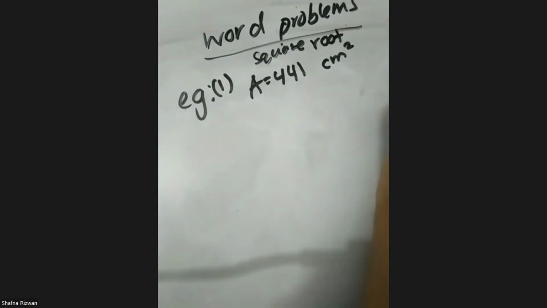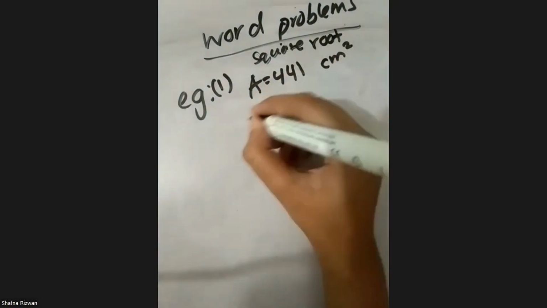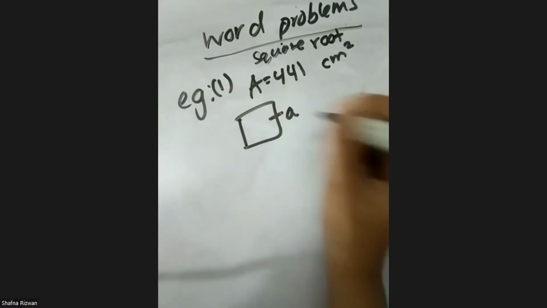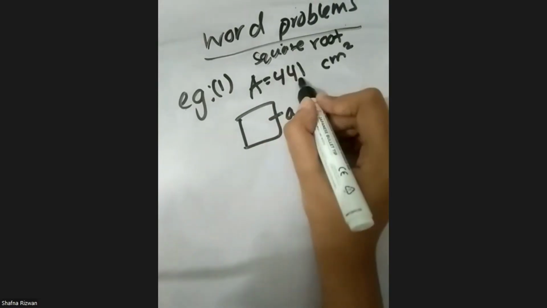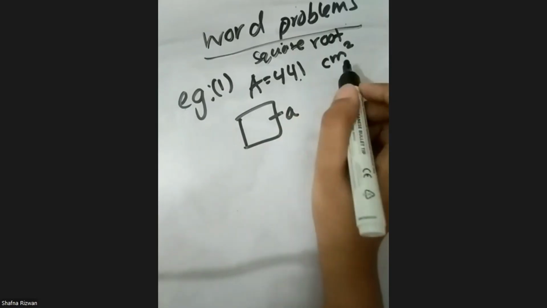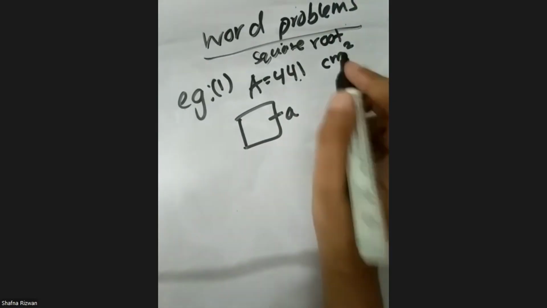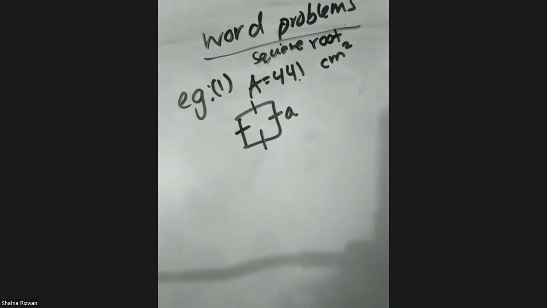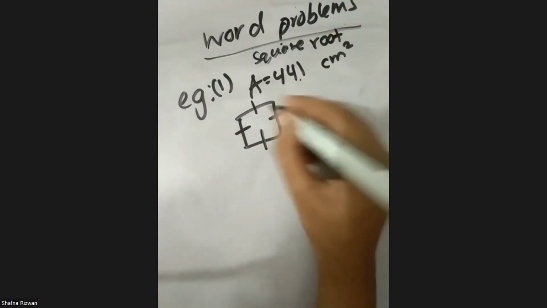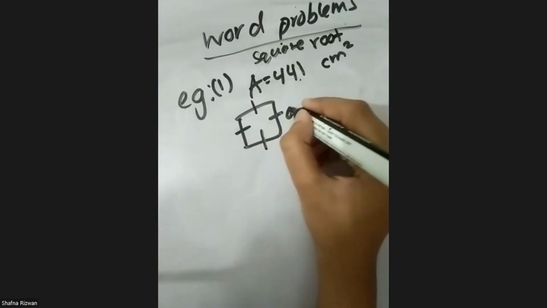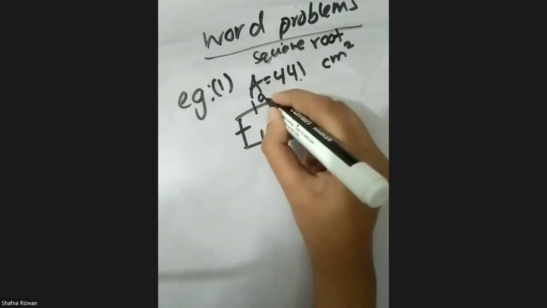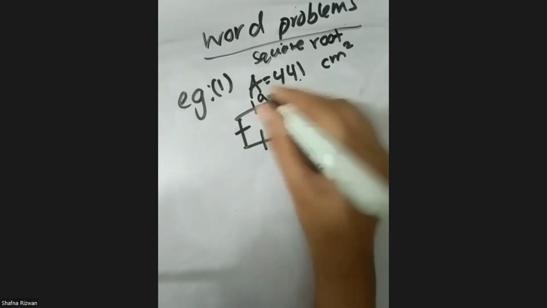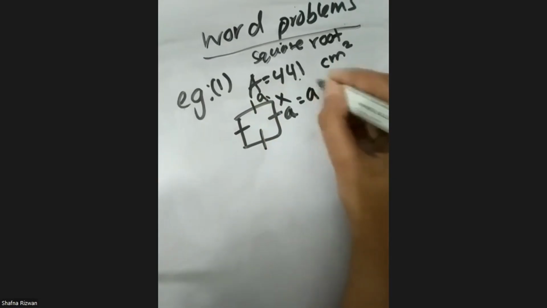They are asking you to find the length of a side of a square where the area is 441 square centimeters. How can you do that? If you take a square, you know all the four sides are equal. And all the lengths are also equal. If I take one length as A, here also if I take it as A, what is the area of the square? Length into length. If you multiply, that is A squared.